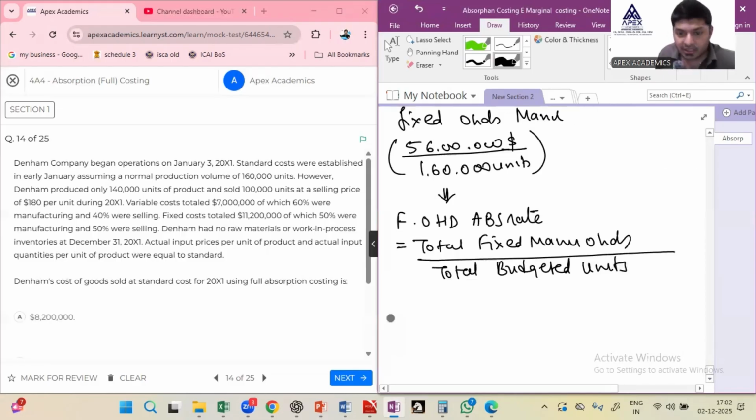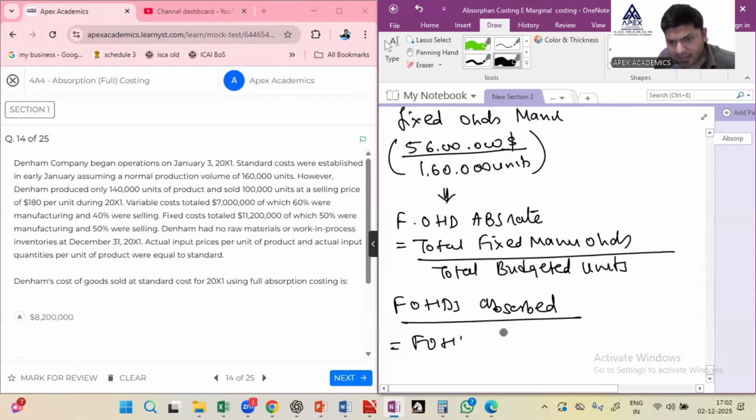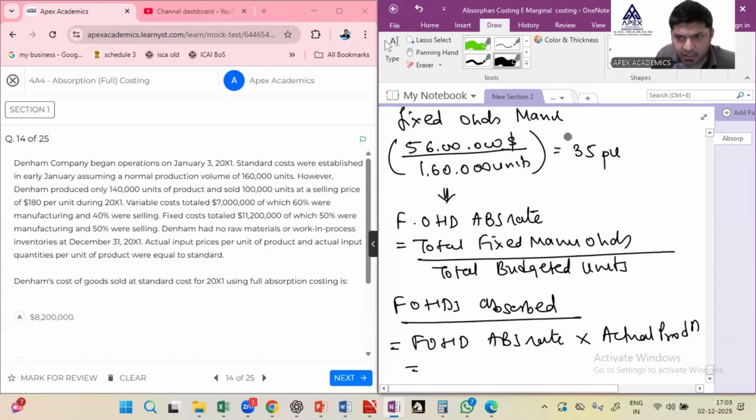Now, please try to understand my fixed overheads absorbed. My fixed overheads absorbed will be my fixed overhead absorption rate multiplied by my actual production. 56 lakhs divided by 1,60,000 is equal to 35 per unit absorbed.